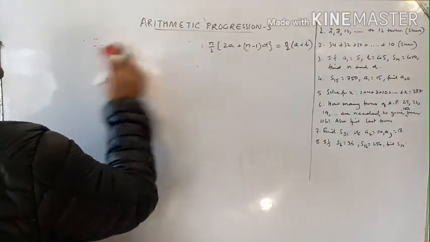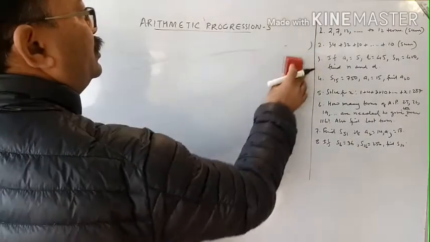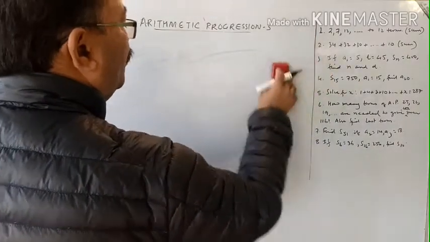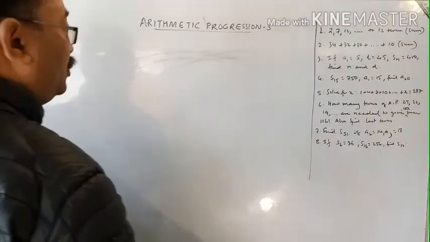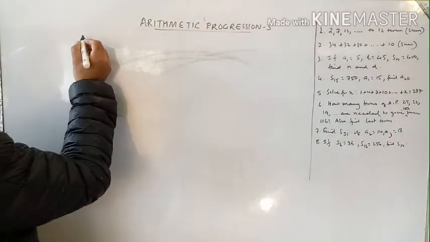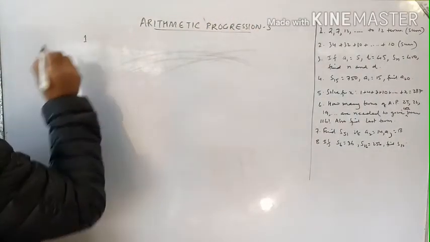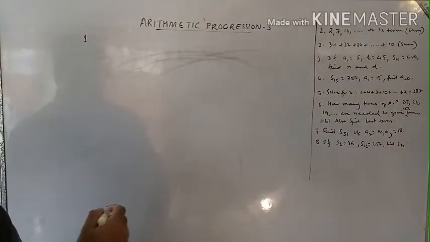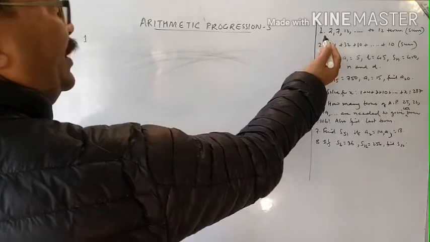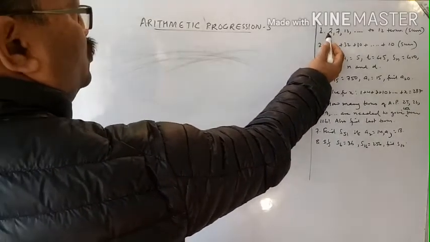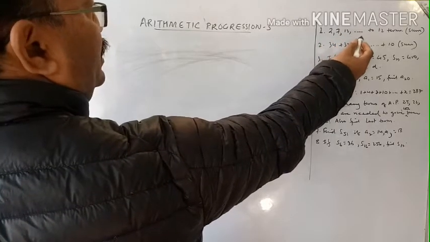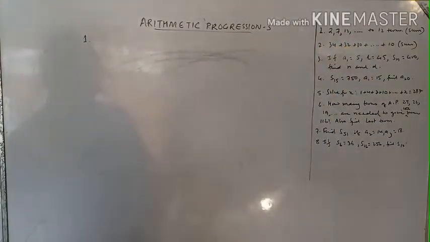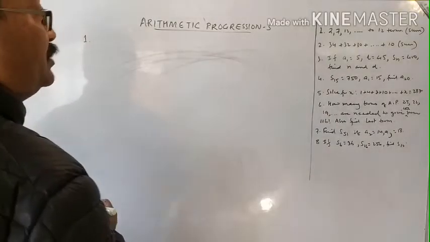Now let's take some examples to see how to apply these formulas. Let's take question number 1. What is given? You are given an arithmetic progression having terms 2, 7, 12, etc., up to 12 terms. You have to find the sum, that means the sum of 12 terms.